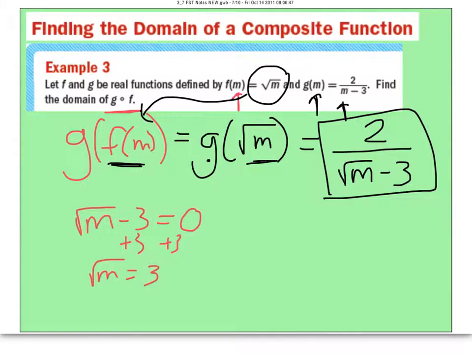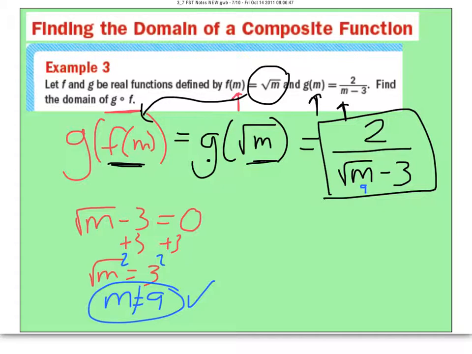To get rid of the square root, all you're going to do is come in and square both sides. So it looks like when m is 9, we might have an issue. Let's think about that. Is that the case? If I put a 9 in here, you'll get square root of 9 is 3. 3 minus 3 is 0. So here's what we know. M cannot be 9 for sure. This is part of our domain.